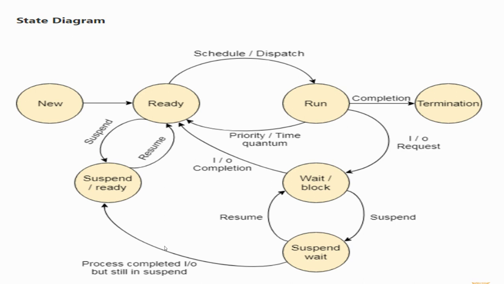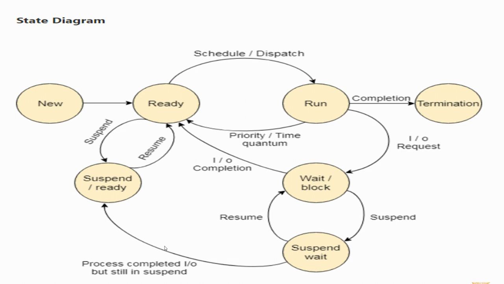Now P1, P2, P3 are waiting in the ready state. What will happen is, when P1 is getting a chance to work with the CPU, immediately before that there may be a process P4 arriving, which has higher priority than these three.